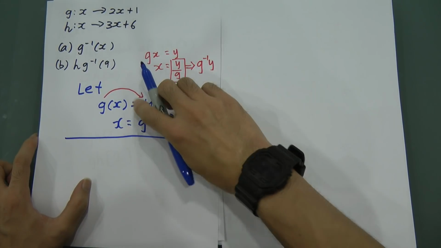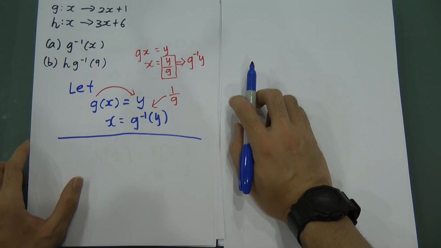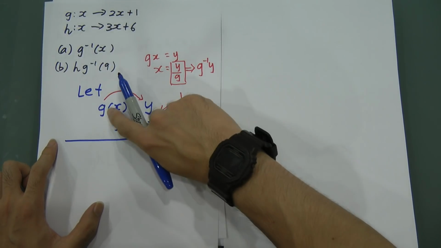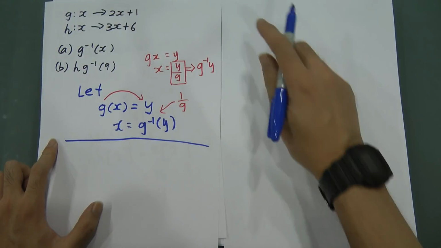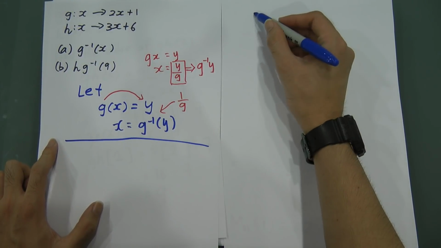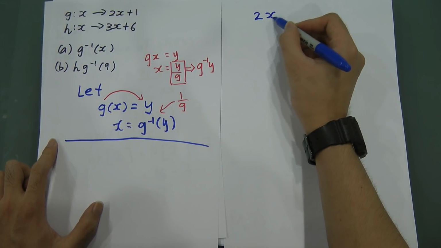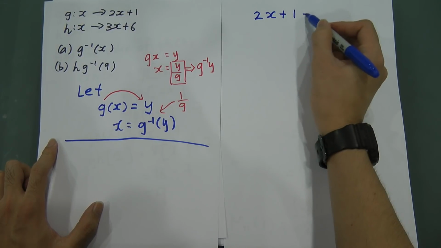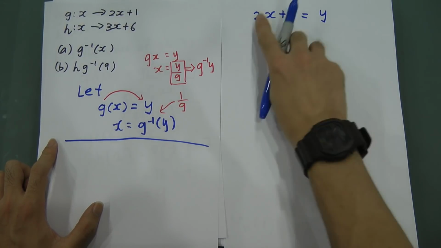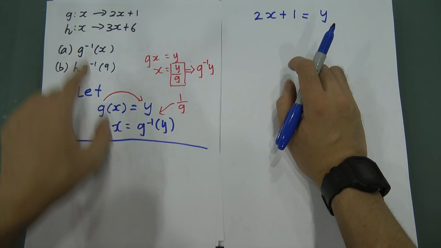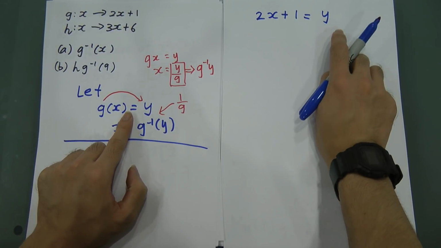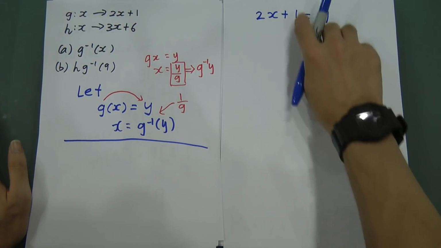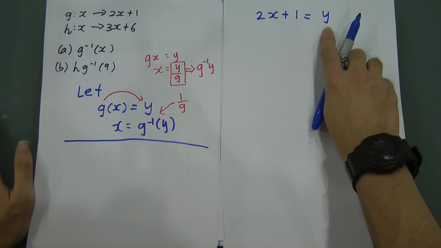When you see g(x) is equal to y, first thing very important is, what is g(x) here? g(x) is 2x plus 1. So I just write 2x plus 1 will equal to y, because 2x plus 1 is g(x). I just substitute g(x) into here.